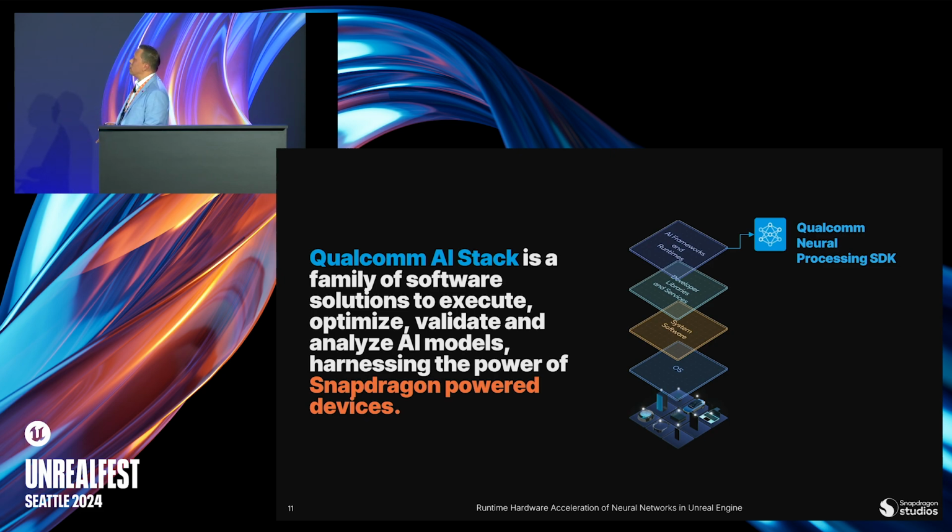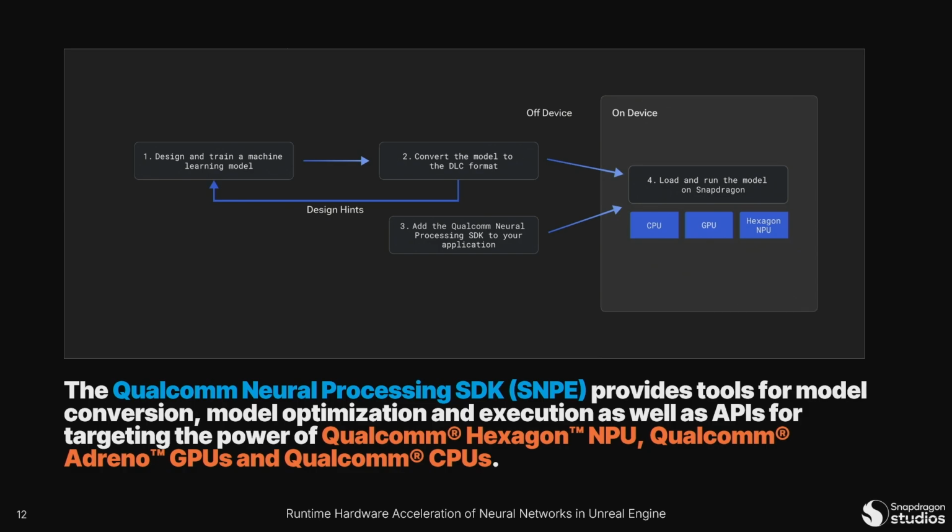So this is very convenient, because it proposes a simple way to load those models into any application. Let's say you have a training environment, which could be TensorFlow, PyTorch, or an ONNX model, and the SDK provides the tools to convert it into our own format, DLC.